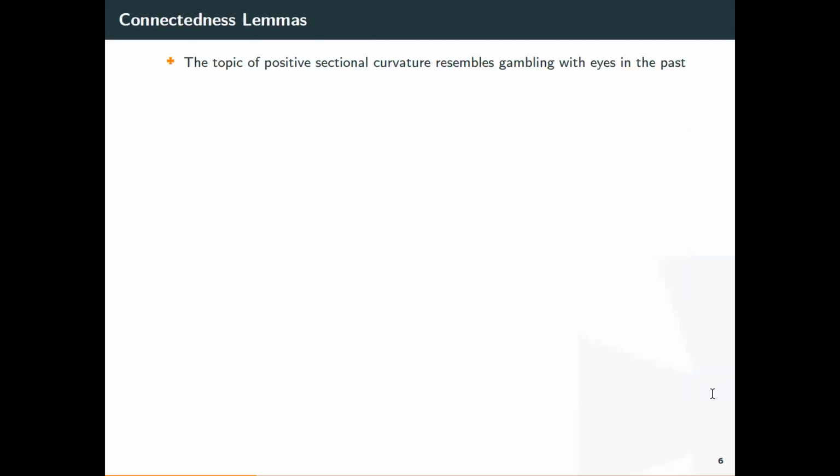But let's go back to my digression about why I think intermediate curvature is interesting. Here is another philosophical provocation: the topic of positive sectional curvature resembles gambling with eyes in the past.